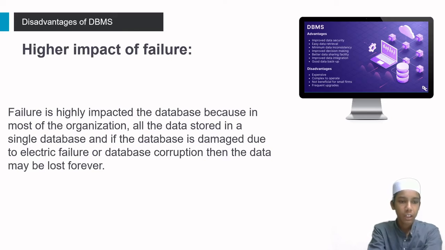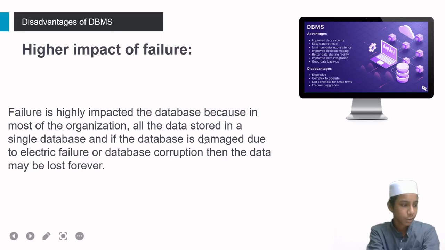So now we have talked about what is data, what is database, what is database system, what is DBMS, and we have talked about characteristics and disadvantages of DBMS. Now we have to talk about the types of databases.